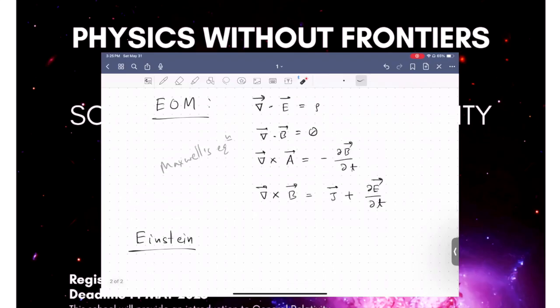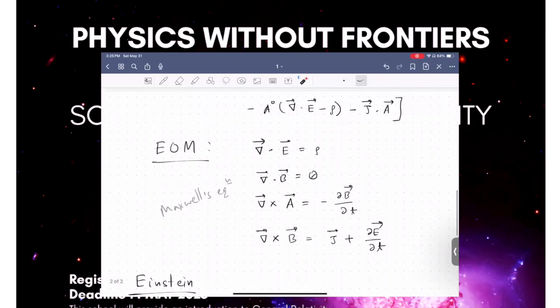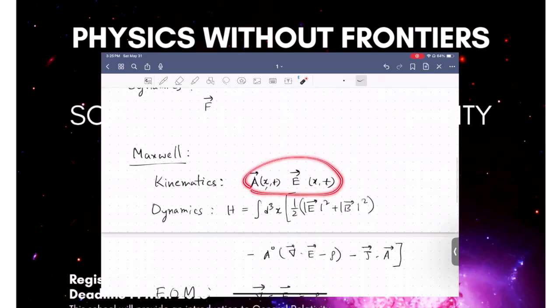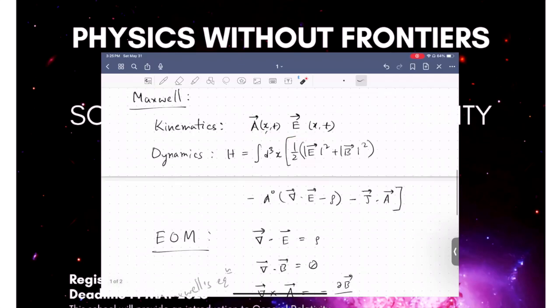So the first natural tendency when trying to find a theory of gravity would be to define a field or a bunch of fields on your spacetime, and then try to find some kind of interaction between different objects. So basically, you try to find the analogs of these kinds of fields for gravity, and then you try to find an analog of this kind of Hamiltonian for the fields that you introduce for gravity.